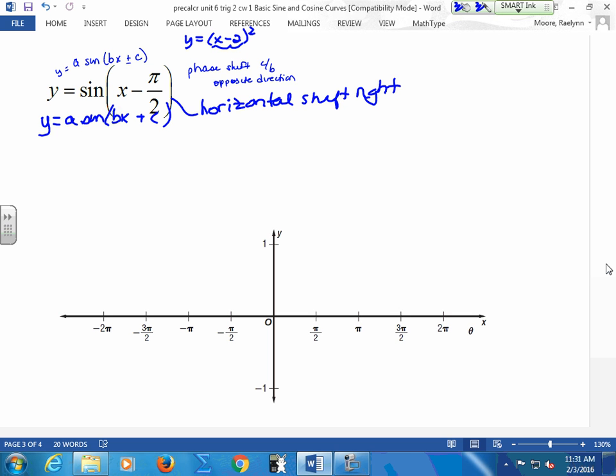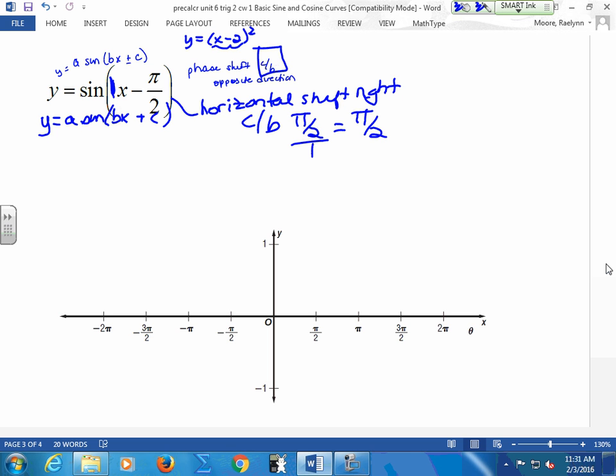Now, the thing is, right now B is 1. So our formula is this. C over B. This is C, pi over 2. Guys, hang in with me. This is 1. So instead of starting at the 0, we're going to start at the pi over 2.